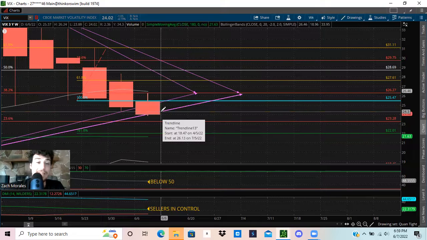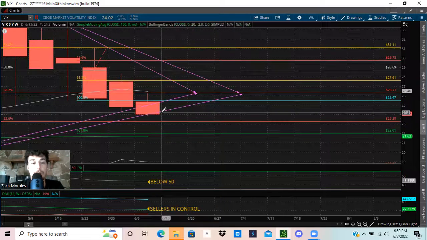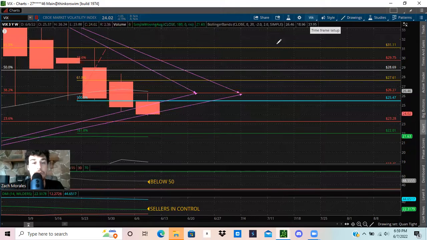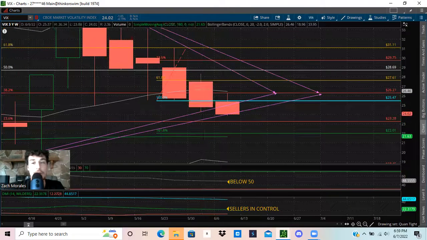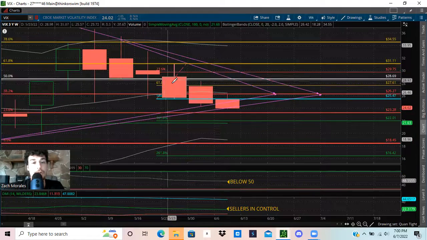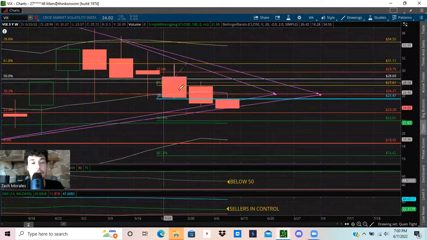Now, is that going to be possible with CPI data coming out? That's going to be really hard to tell. But the next major support level below this trend line that we're currently sitting at is going to be 23.28. So again, let's look at this on the weekly chart. We can see 1, 2, 3, 4, 5, 6 red weekly candles.